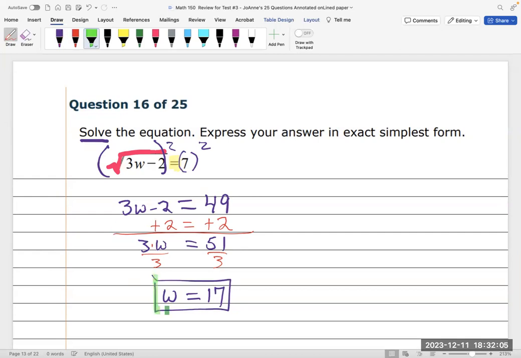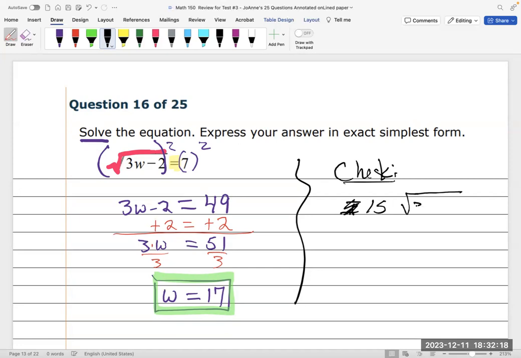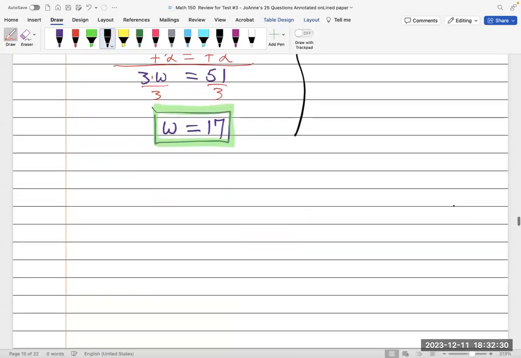And then I would check and put that number back into the equation. Figure out if 3 times 17 minus 2, take the square root, is that really 7?